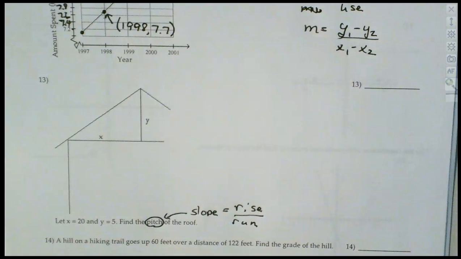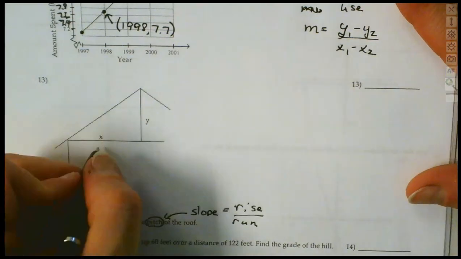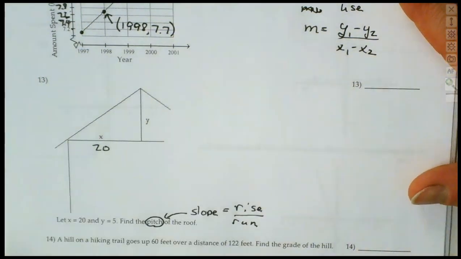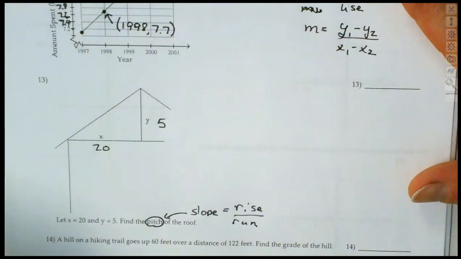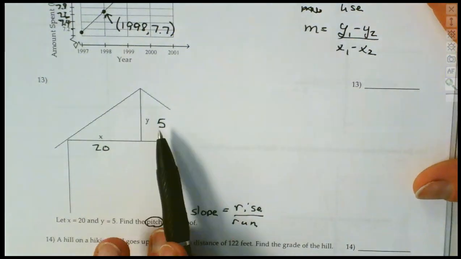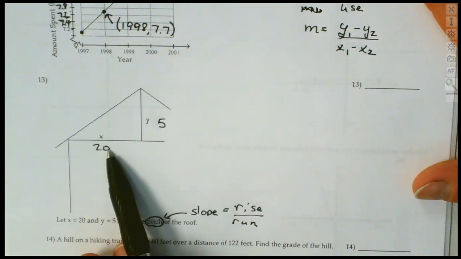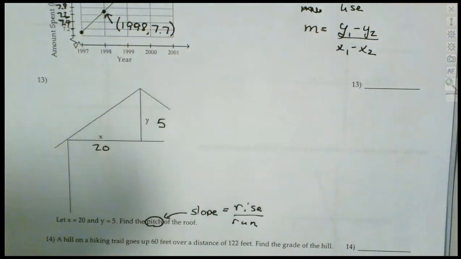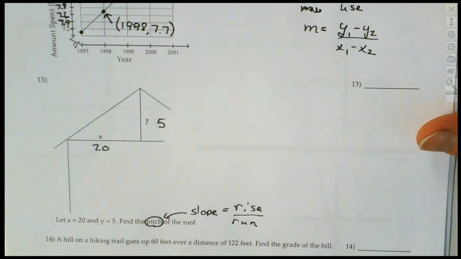So if I take my figure and I plug in my values, we've got 20 for the x value, and we've got 5 for the y value. You should know what to do. Slope is rise over run. So what would I do? I've got my rise. There's my run. I can use that to calculate the pitch or the slope. So you've got everything filled in for you. Just use that to get your slope.